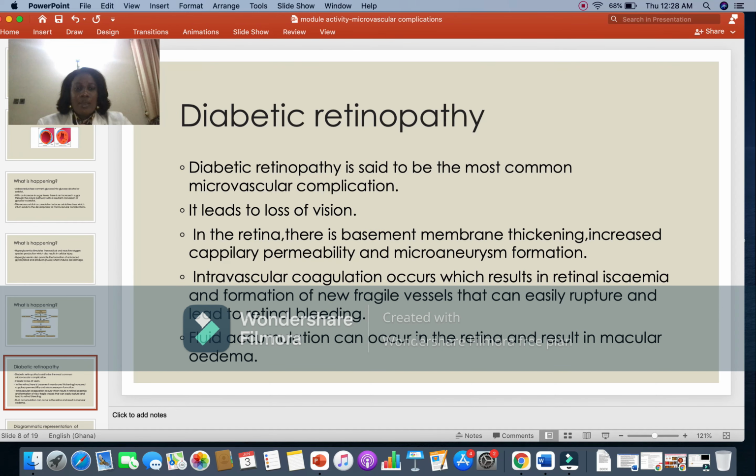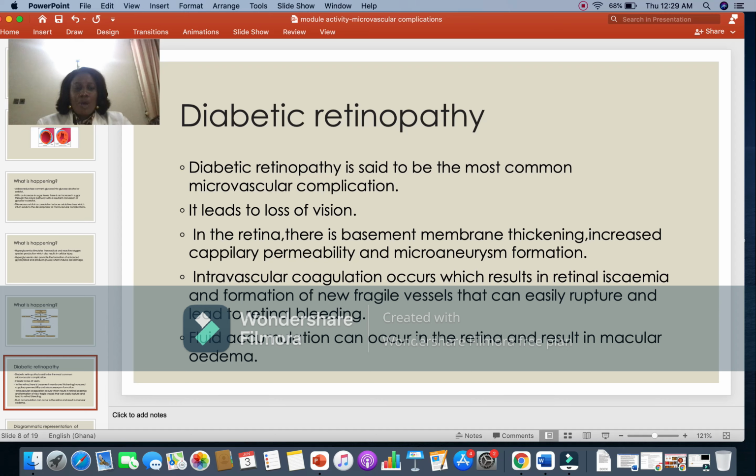Diabetic retinopathy is the commonest of the microvascular complications, and it has been known to be associated with loss of vision. In the retina, the basement membrane becomes thickened due to sorbitol accumulation, oxidative stress, advanced glycosylated end products production, and reactive oxygen species. The basement membrane becomes increased in permeability and they leak proteins.